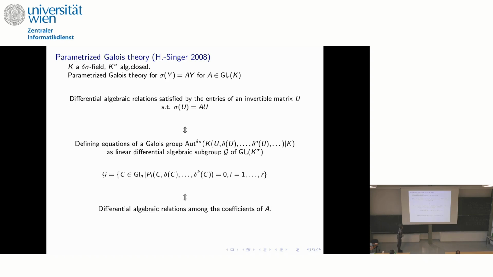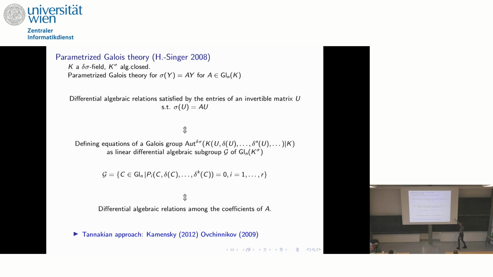And then once again, the differential algebraic relation between the solutions will be coded in some differential algebraic relation among the coefficients of your given system. Okay, so there are Tannakian approaches to this.